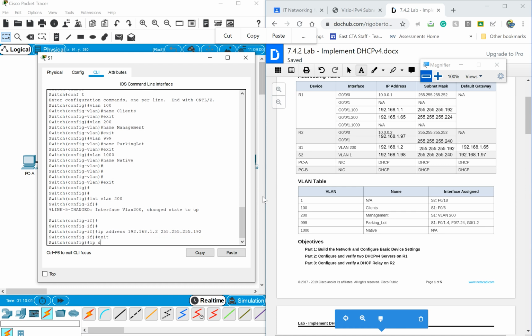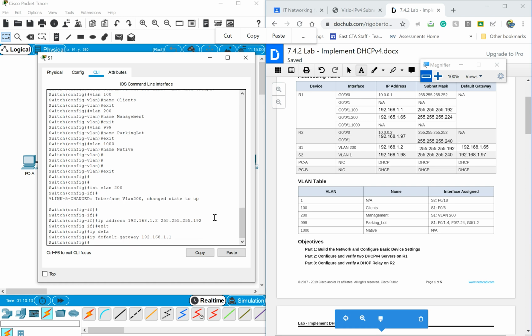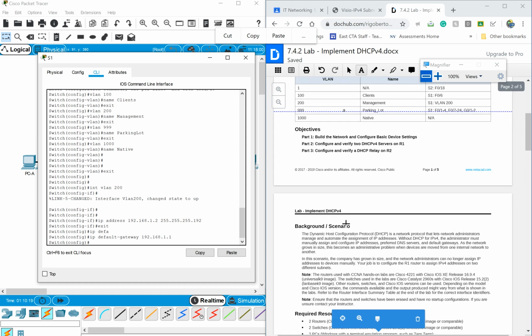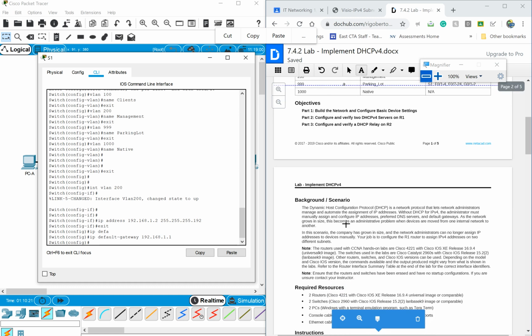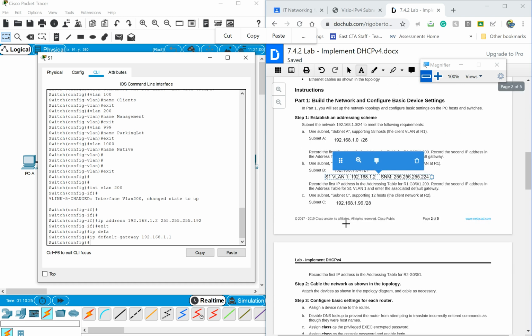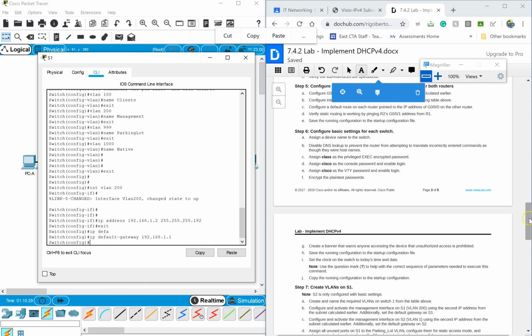The ip default-gateway command is how you set the gateway. That's done in global config mode, not in interface config mode. And that is 192.168.1.1. That's the default gateway for this switch. Okay, moving on. Let's see what else they want me to do here.